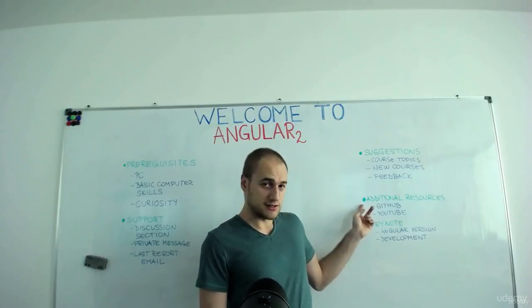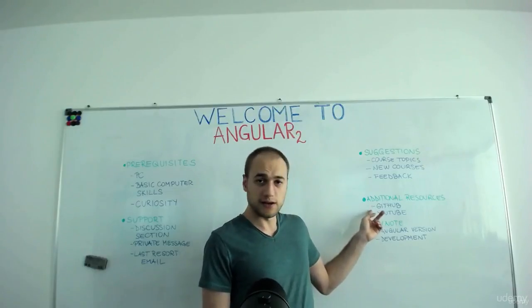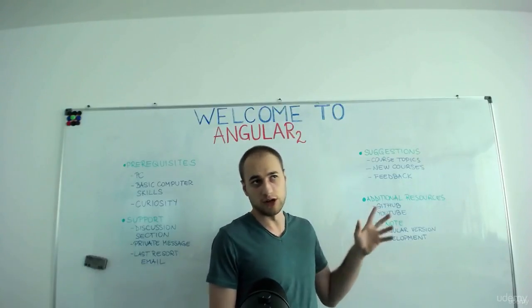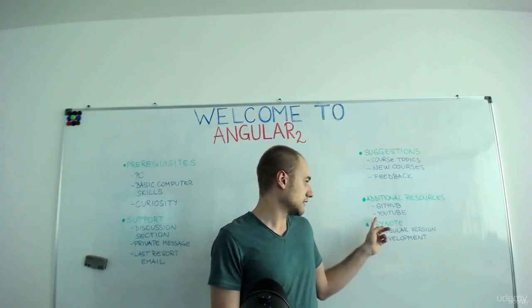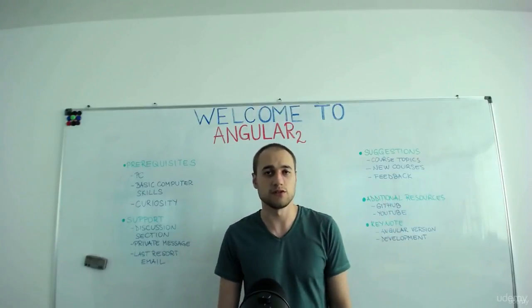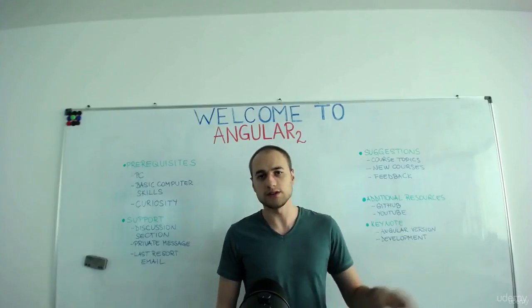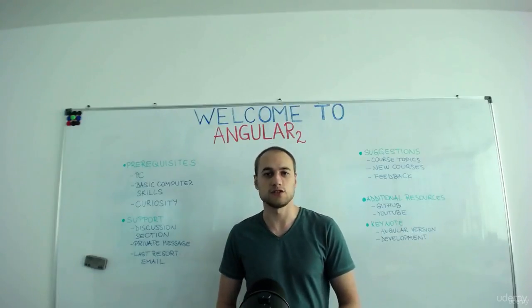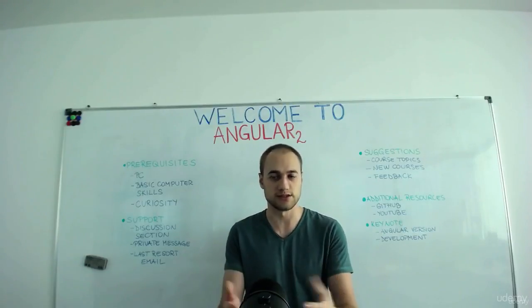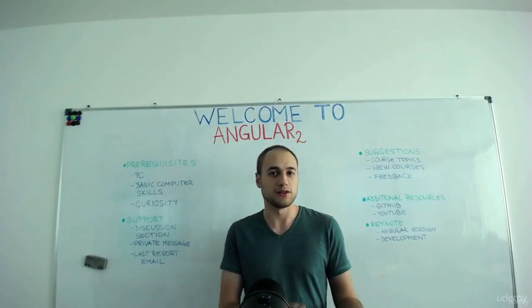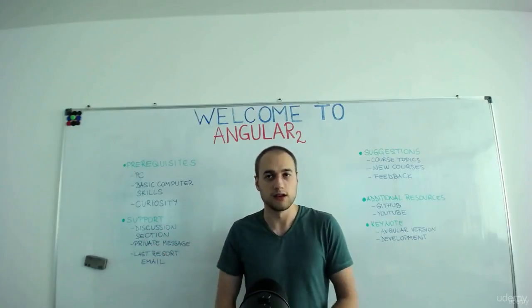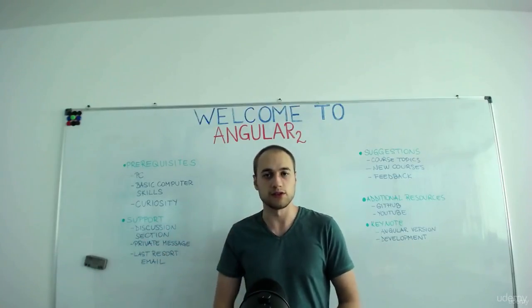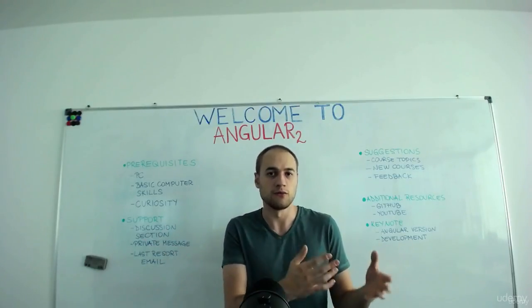Some additional resources. You can find the code on GitHub, most of it, and you can find some additional videos and material on YouTube. Neither one of these two sites requires any registration to access the resources related to this course. So you can just follow the links and have a look at the material that you might require for the course.